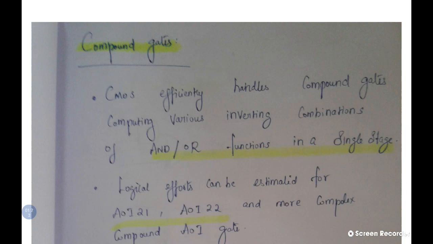So a compound gate comprises AND-OR-invert. It contains one or two or many AND gates, then an OR function, finally an inversion. With this we can implement many logical expressions. That's why it is called a compound gate.